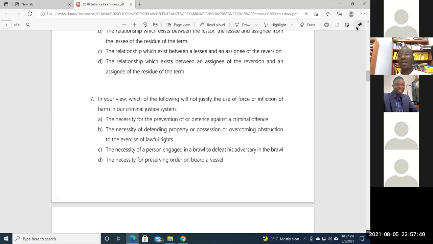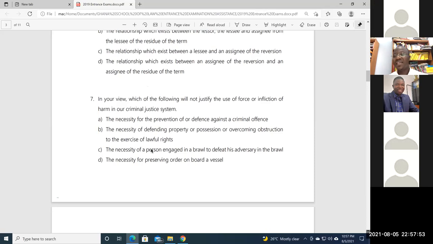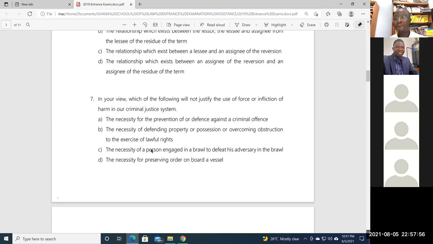Okay, thank you very much. It's obvious for us going through the list. And again, if we didn't know, let's suppose that we've not read these provisions, I think section 31 of the Criminal Offences Act 29, or you don't remember this provision of the Constitution, which was read, is it 14?